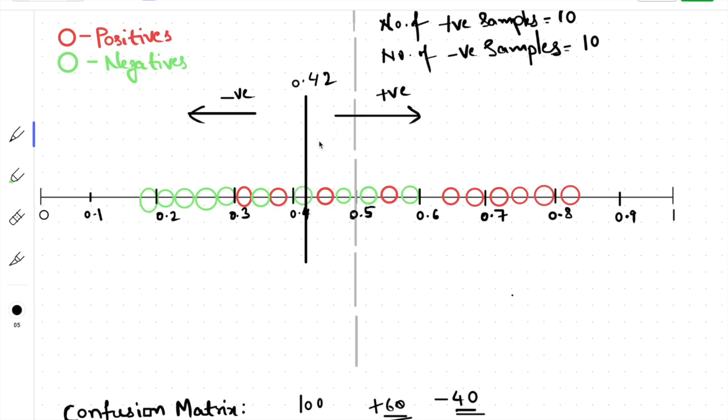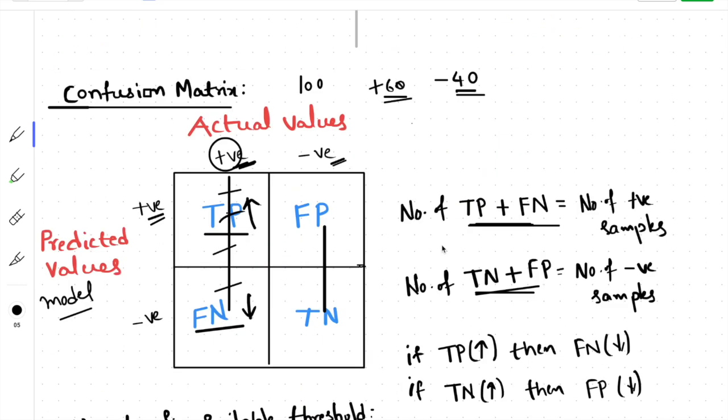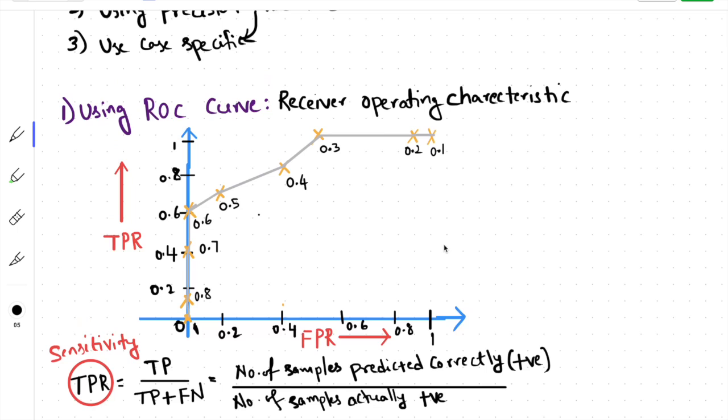So by moving this threshold to the right or left, we need to choose the threshold such that we get the least false positives and false negatives. Okay, so for that we are using this ROC curve, and we are plotting the true positive rate and false positive rate for each threshold.